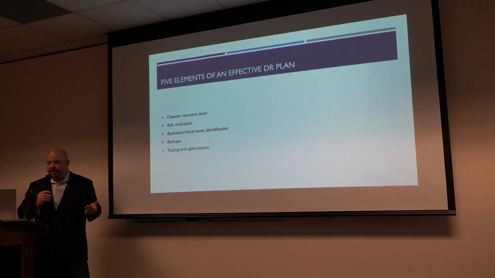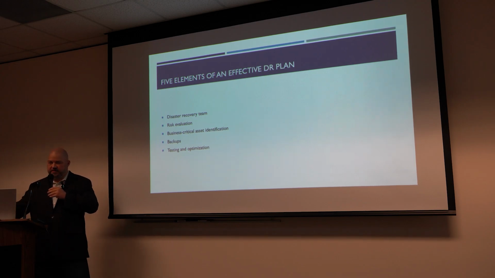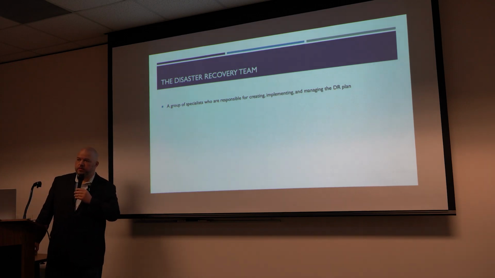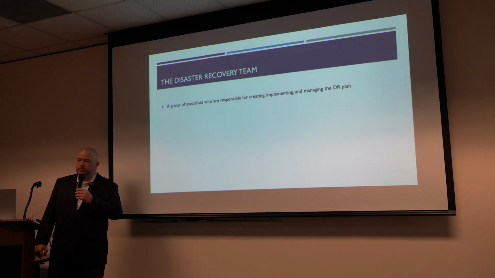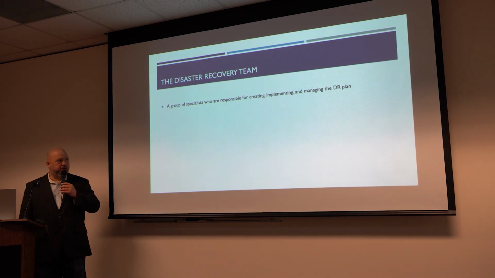You have to have backups, and you have to test and regularly optimize, test and improve. Question: with the identification of assets, what's processing, where do you do your BIA, your RTO? Yeah, I'm a little bit ahead, but that's very much a part of it.